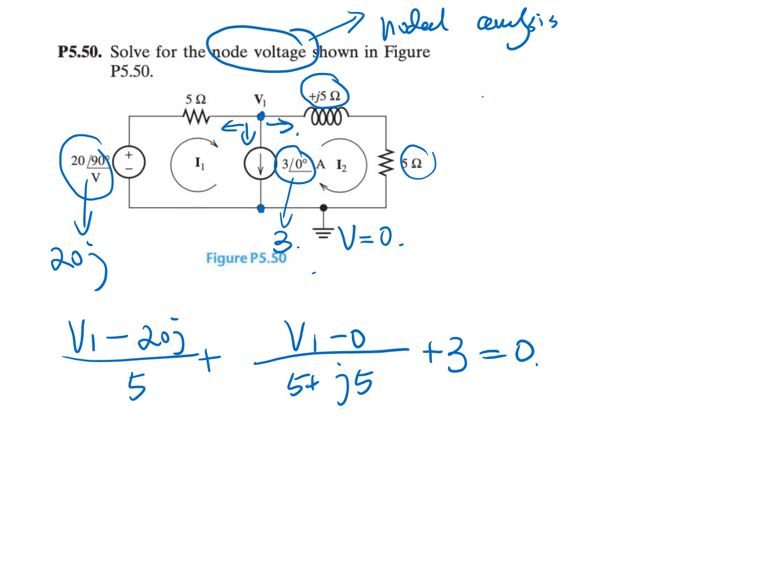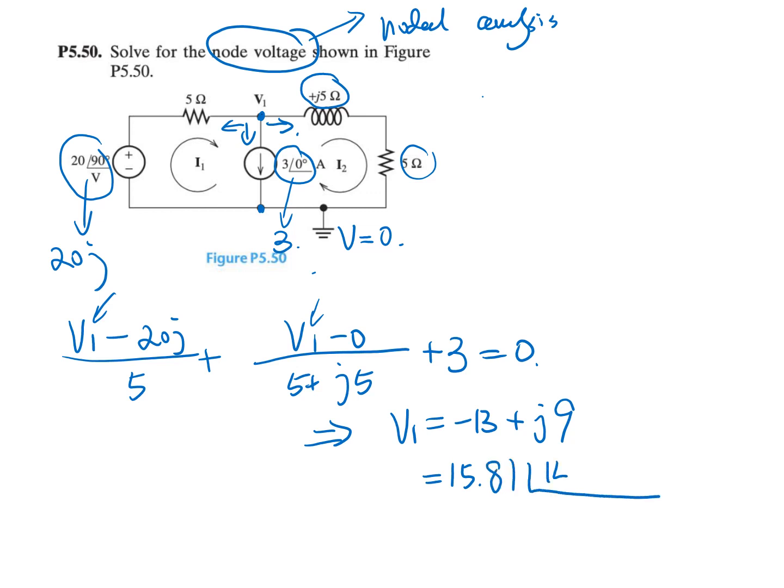And we have only one unknown and one equation. We can easily solve for V1. So V1 is equal to negative 13 plus 9j. And we can convert it to the polar form. That is 15.81, the angle of 145.30 degrees volt. So now we find out the V1.